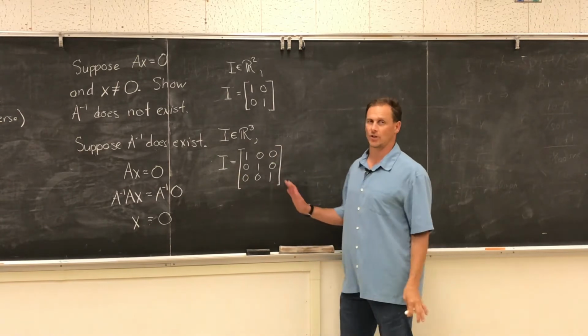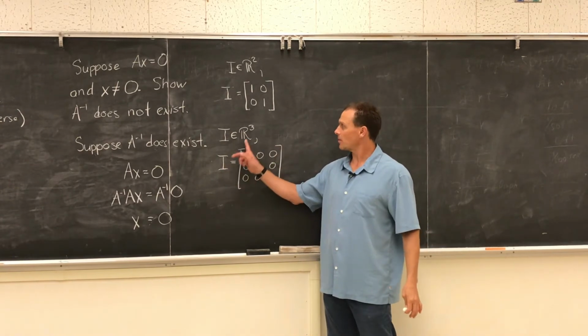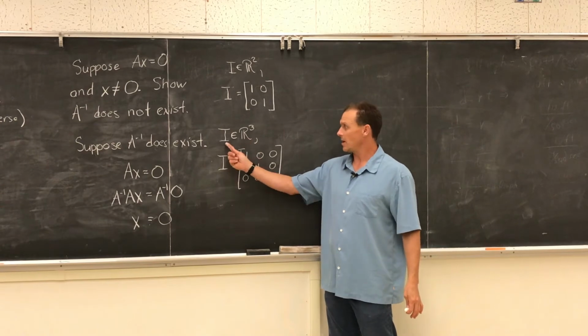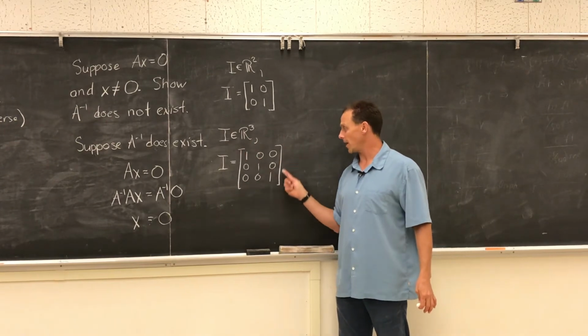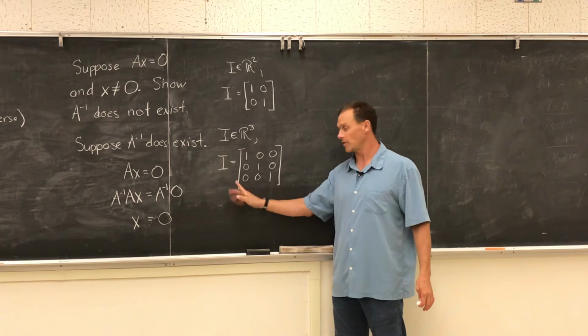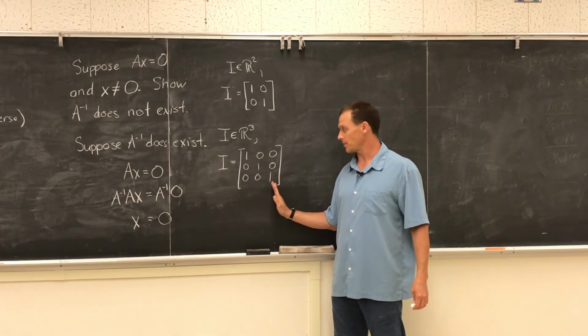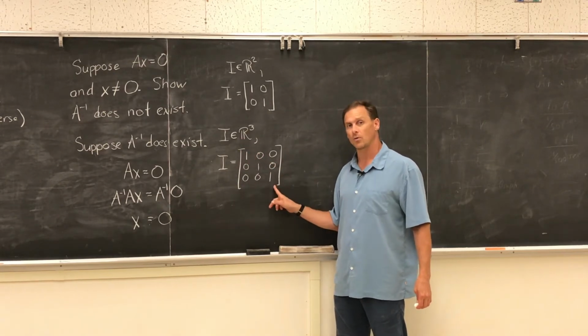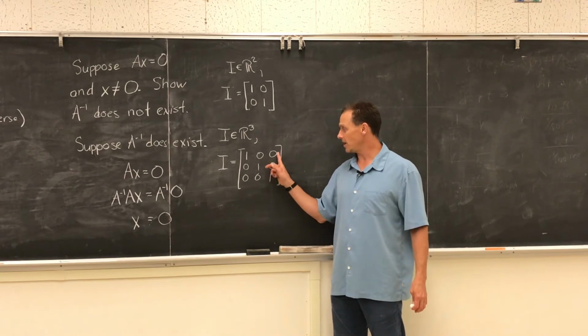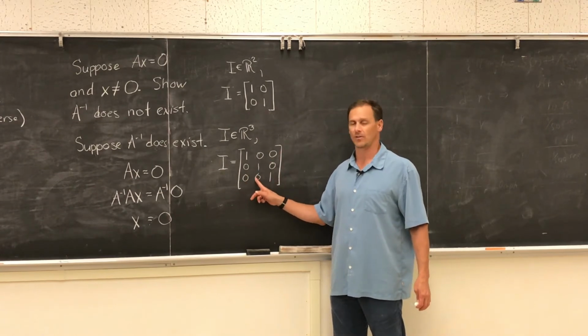And it just continues on indefinitely. Whatever space you're in, I, the identity, is always a square matrix, the same number of rows as there are columns. There's always ones only on the diagonal. Every other entry in the matrix is 0.